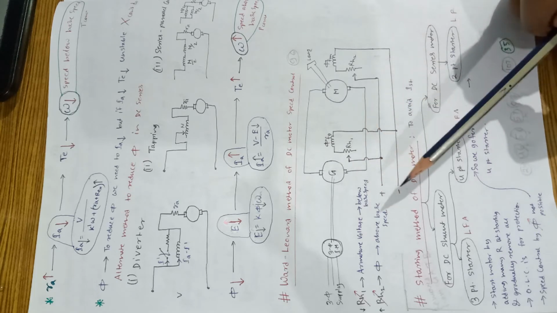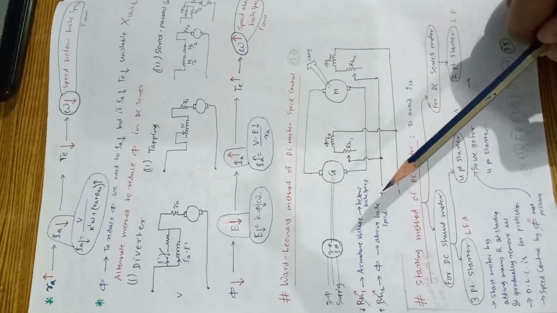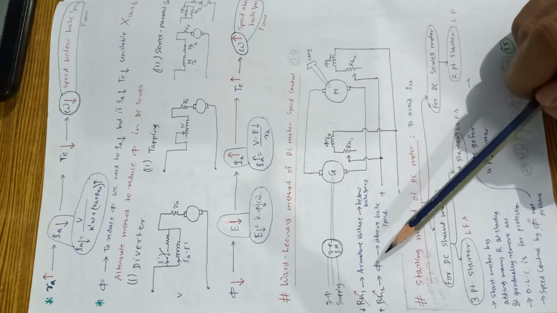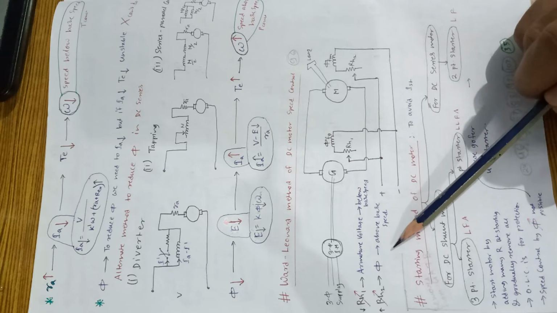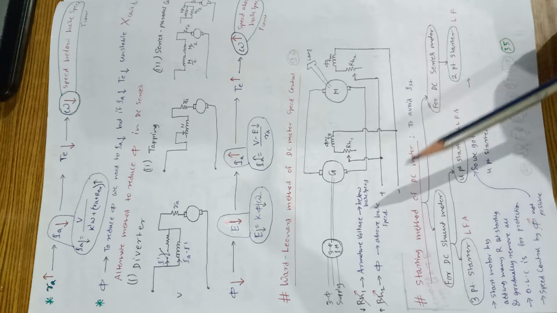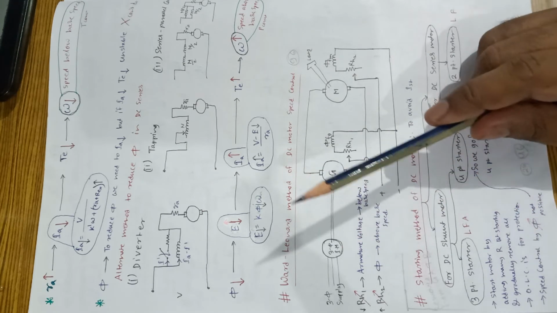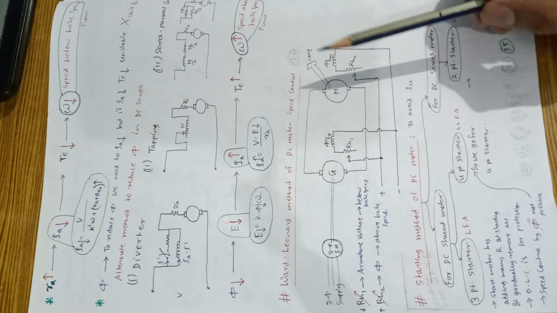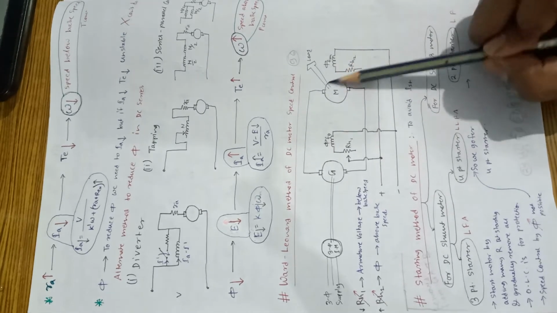And speed above base speed is obtained by decreasing the field flux. In this setup, we have to control the speed of this DC motor.